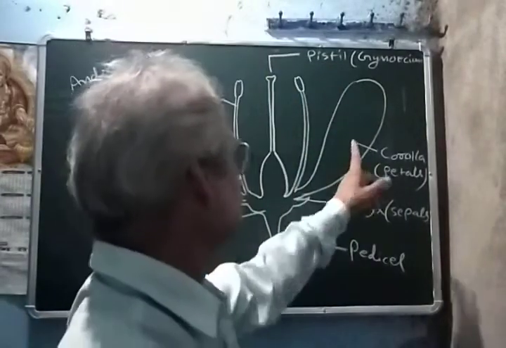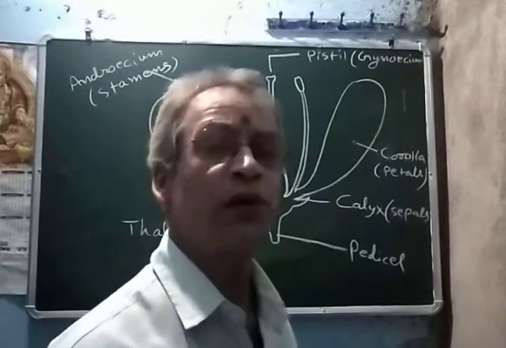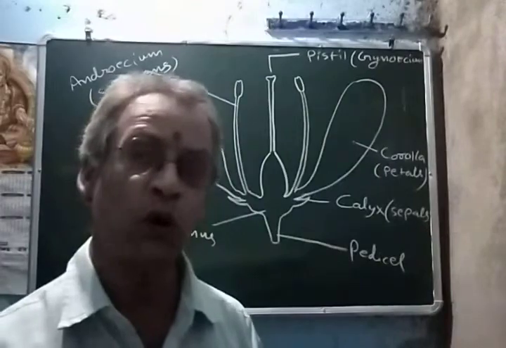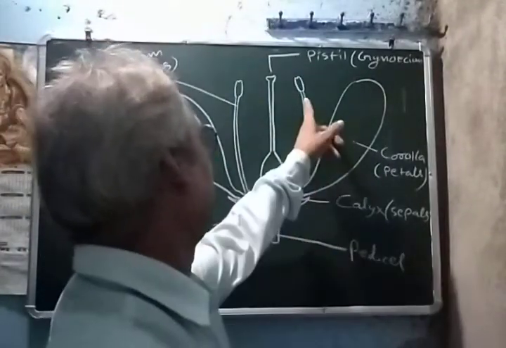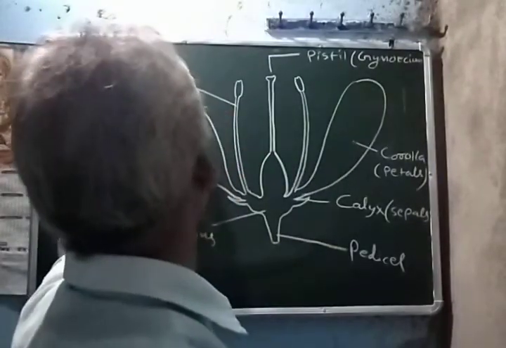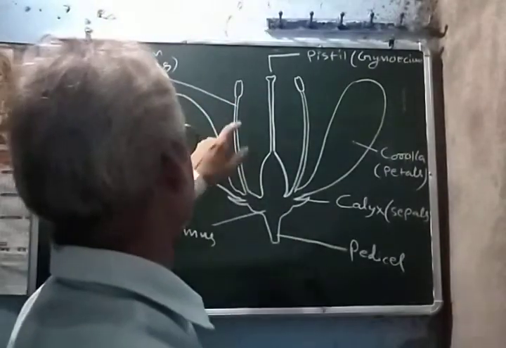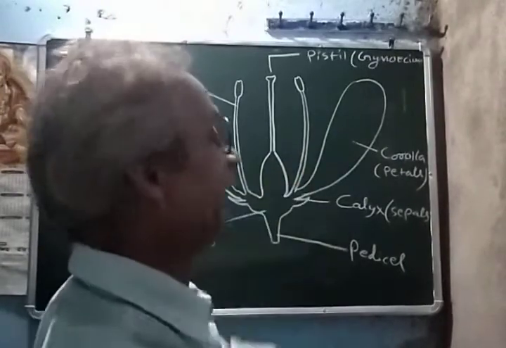And inner to the corolla, the third whorl is called androecium, and the individual unit of androecium is called stamen.